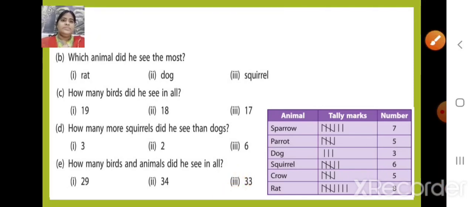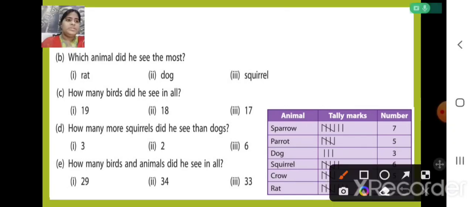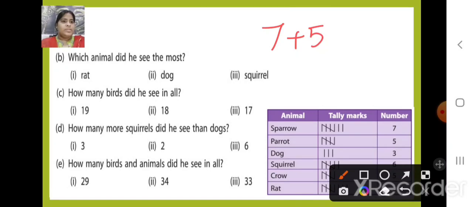Next is C. How many birds did he see in all? We have to count, right? Sparrow, 7, right? So sparrow he saw 7, plus parrot, 5. Then crow is a bird.